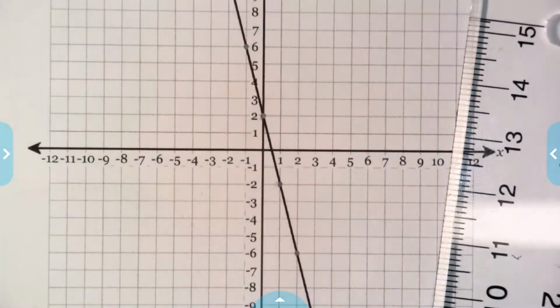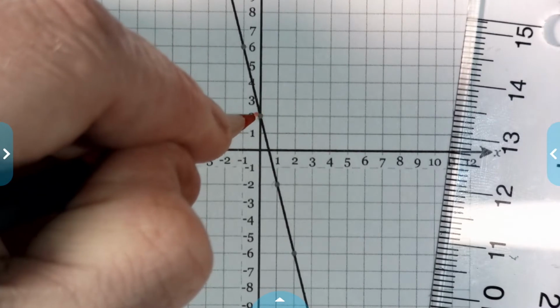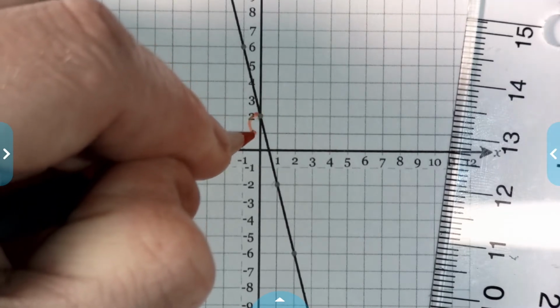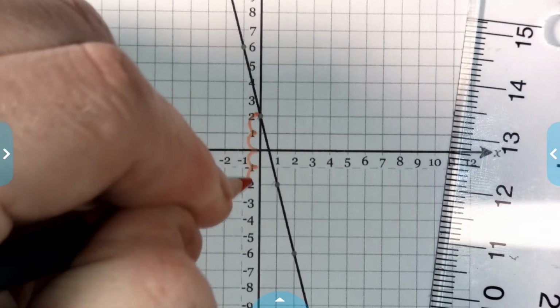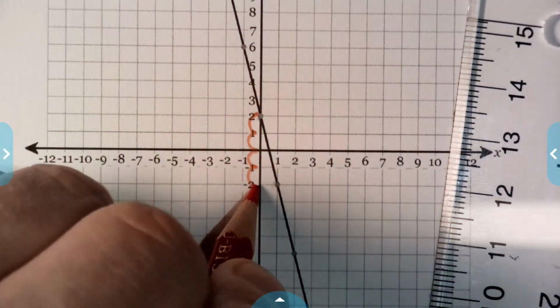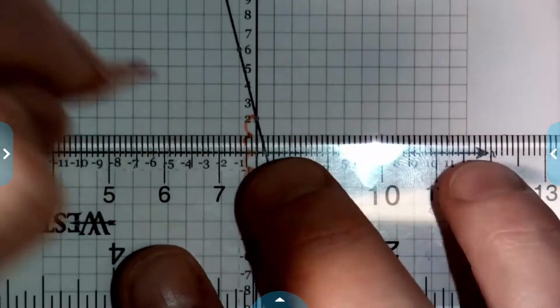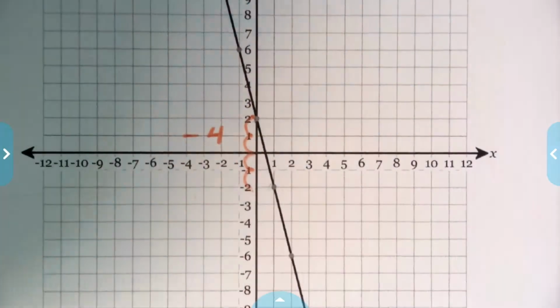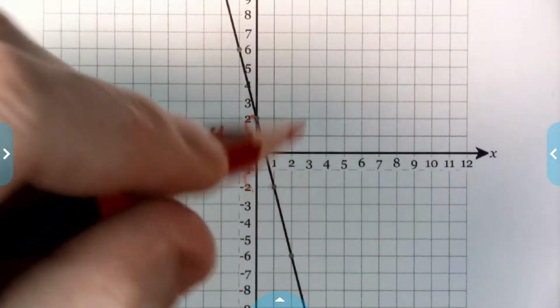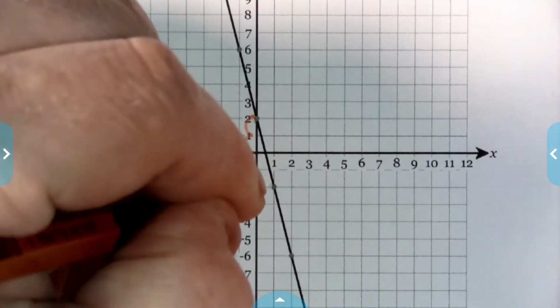That's a lattice point. So we can fall 1, 2, 3, 4. Okay. So my fall is 4, minus 4. And then my run is just 1. Right? I run to the right, 1.